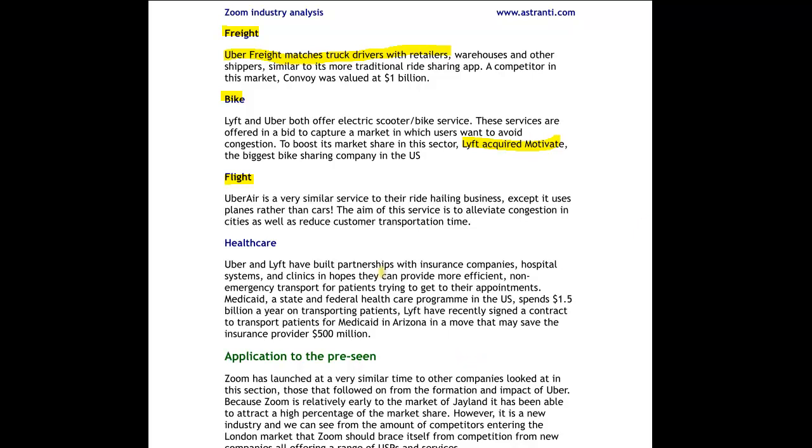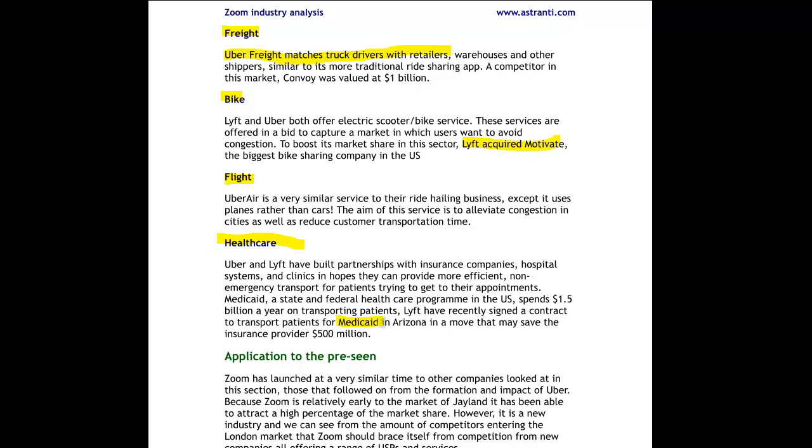And the last service that is offered is healthcare. This is predominantly in the American market because it's not such an important factor in the UK market, for example, where there's a National Health Service. But Medicaid, the state and federal provider of low-income insurance in America, spend $1.5 billion a year on transporting patients from their homes to medical facilities.